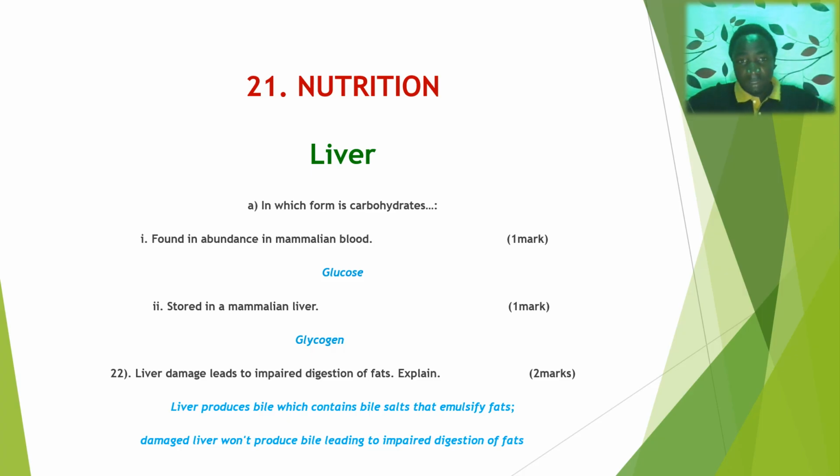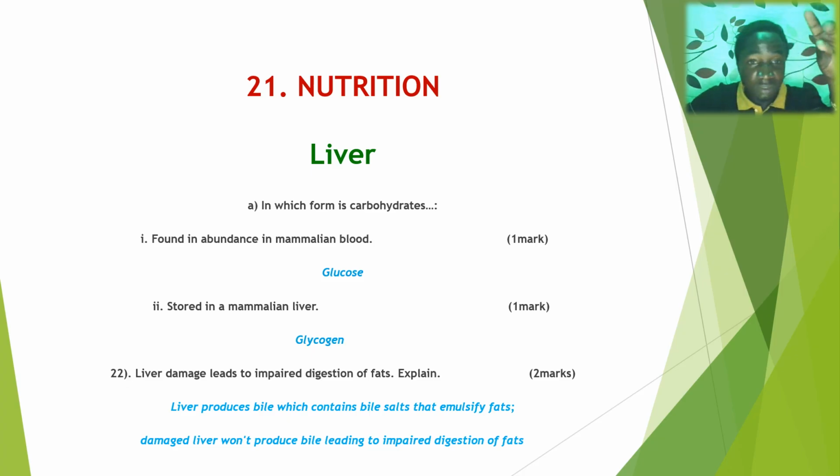Now, you see, in blood, the carbohydrate is needed to be used, and it is needed in a readily available nature. That is glucose, readily available, the nutrient form. But you see, the mammalian liver is basically the storage form. How is it stored? It is usually stored in the liver in form of glycogen.